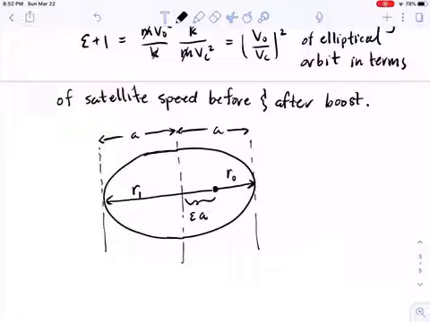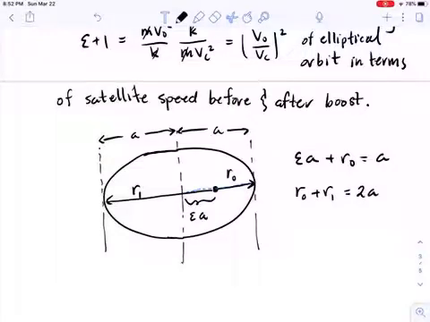So some of the things that we should recall then is that if I was to take epsilon A and add it to r0, that would be this distance, which is just equal to A. But another thing that we can see is that if we take r0 and add that to r1, that's just equal to 2A.